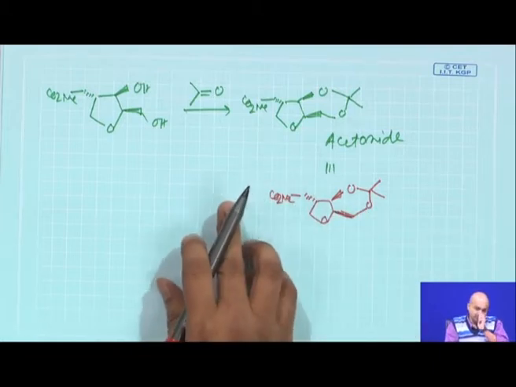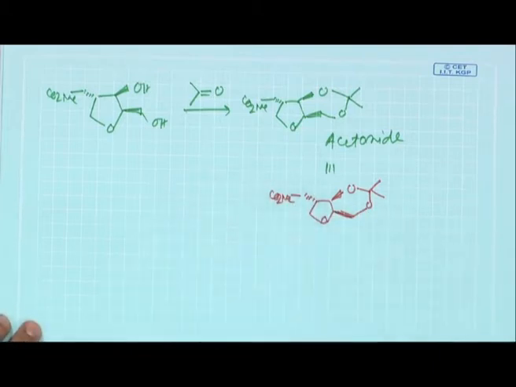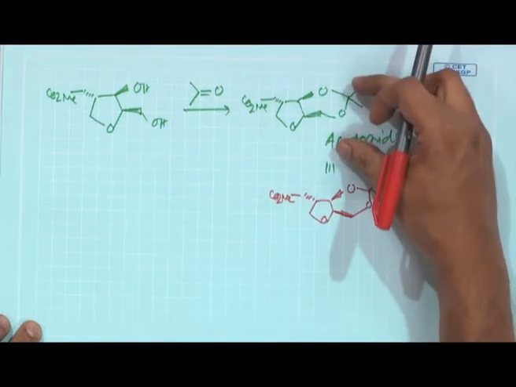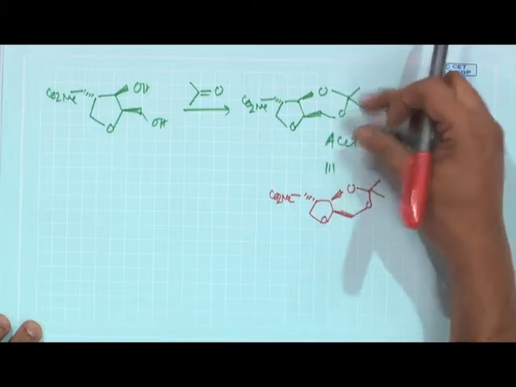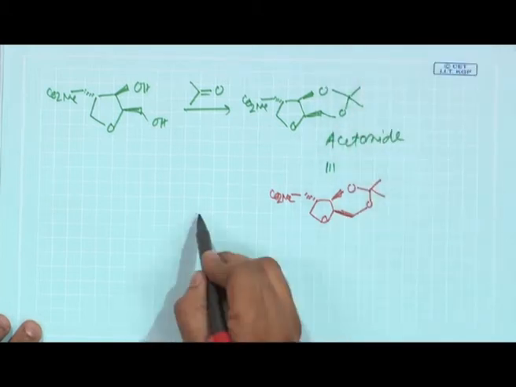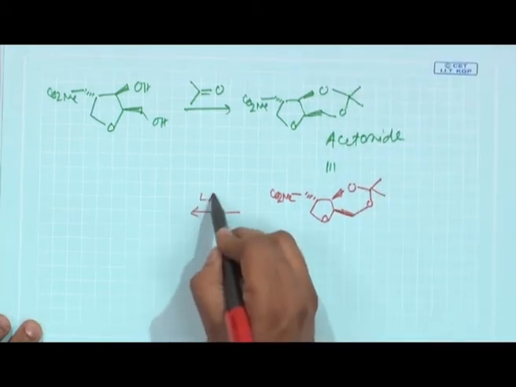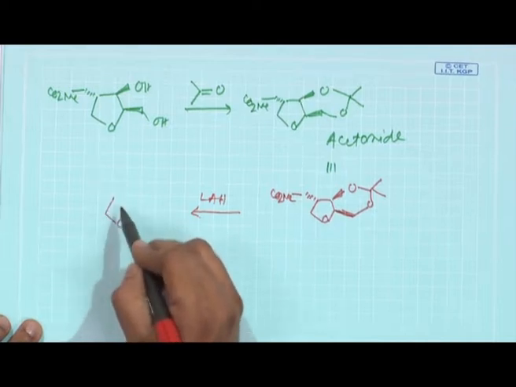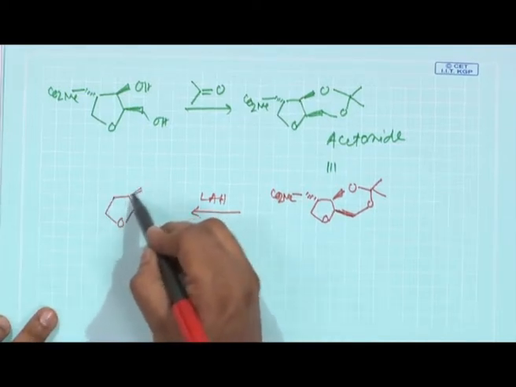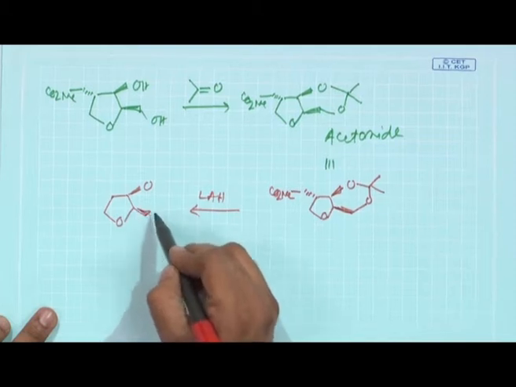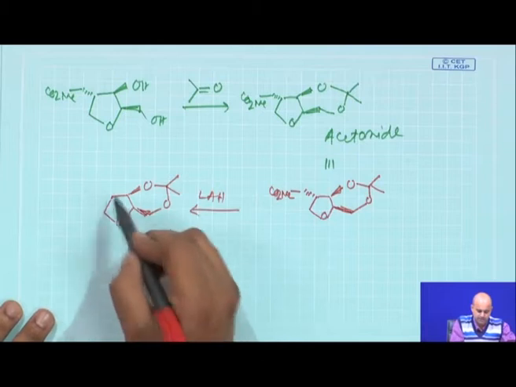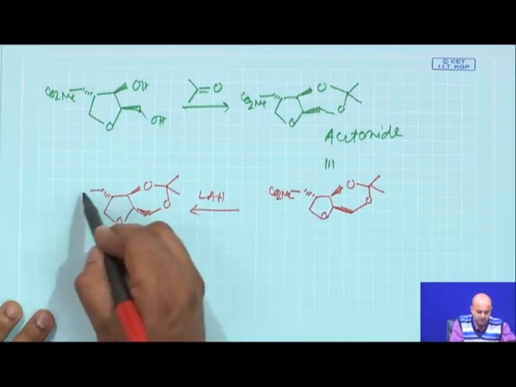So, what strategy have we observed here? We use one equivalent of a chemical reagent which can react with the secondary as well as the primary, and then use LAH. LAH will not affect this acetonide protecting group. You have to make sure the protecting group is not affected by the reagent you will be using for your FGI.